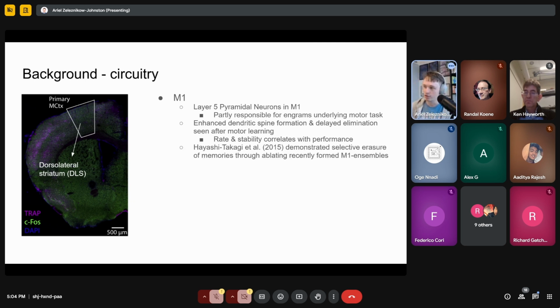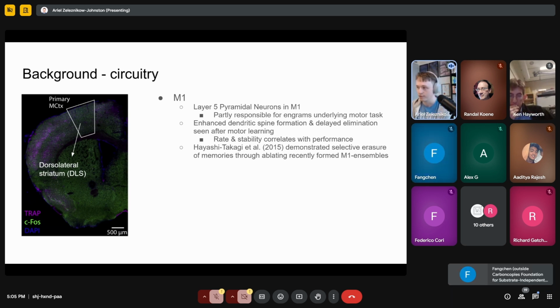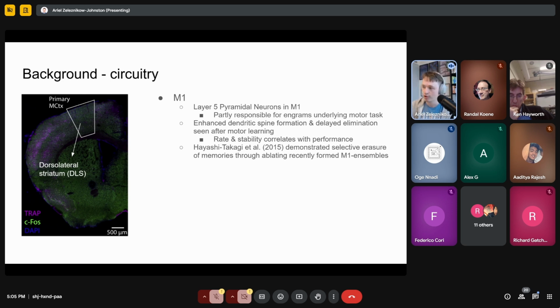But there's also some cool previous work, for example, this one by Hayashi-Takagi in 2015, which showed that if you record which spines and which dendrites are changing, which structural changes occur during the learning of motor tasks, like running on the rotarod, for example, during the training sessions of the mice, and then you use techniques to erase those new spines, things like optical erasure techniques using optogenetics, you can actually wipe out specific memories, specific procedural memories from rodents, at least to a certain degree with certain tasks.